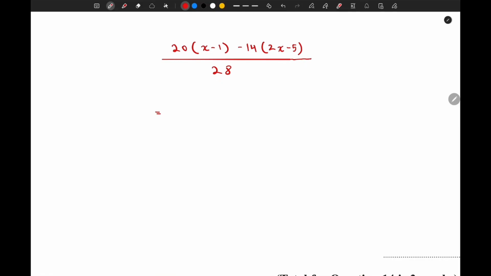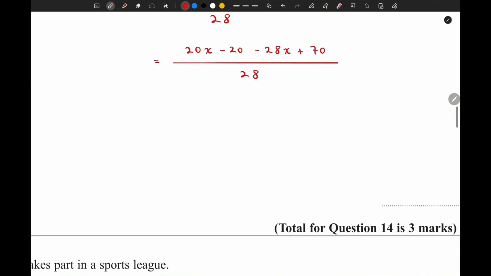Now we just need to simplify this. So this is 20x minus 20 minus 28x plus 70 divided by 28. So 70 minus 20, that gives us 50. And 20x minus 28x, that gives us negative 8x, divided by 28.